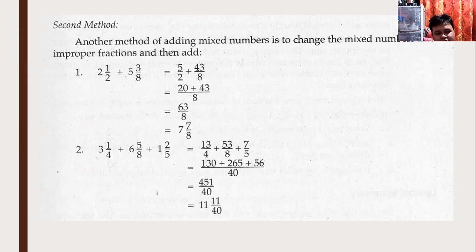Ang nangyari dito, sa 2 and 1/2 plus 5 and 3/8. Dito muna tayo sa 2 and 1/2 ha. 2 times 2, 4 plus 1, 5. Copy the denominator 2. So 5/2. Same as dito sa 5 and 3/8. 8 times 5, ilan? 40 plus 3, 43. So ang kinalabasan, 5/2 plus 43/8.